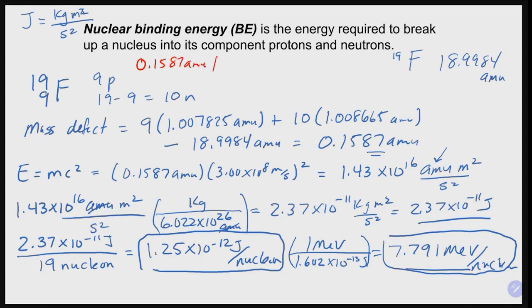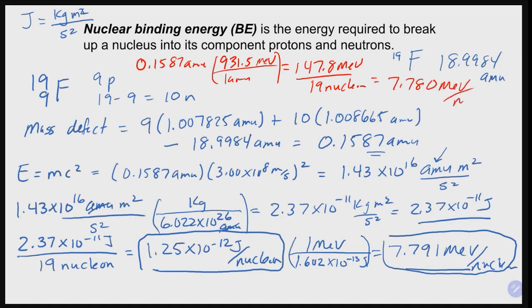And we could have done that 1 AMU is 931.5 mega electron volts, which would have gave us 0.1587 times 931.5, gave us 147.8 mega electron volts, which if we divided it by 19, will get us 7.780 with rounding, a little bit different, but pretty much the same number as what we got going on down here. So a little bit different with rounding, but you could have went that approach.